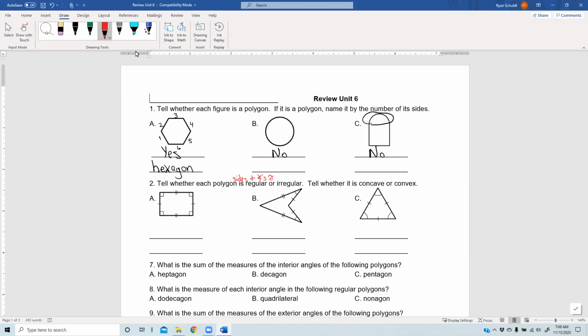So if all the sides and angles aren't congruent, then it's irregular. Concave means it's caved in. Think of it like you punched a wall and it caved in.